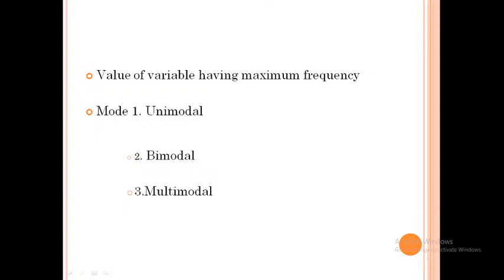Mode is of different types: unimodal, bimodal and multimodal. We'll see the difference between unimodal, bimodal and multimodal with some examples, and you can write down the problems along with my class.